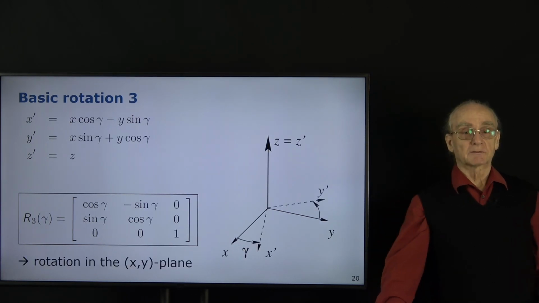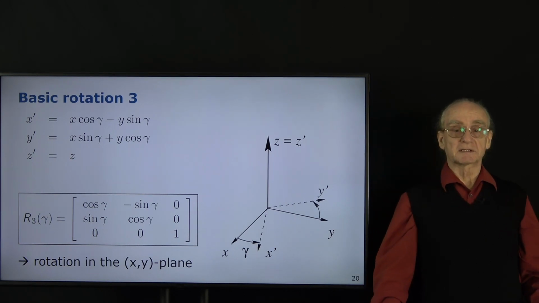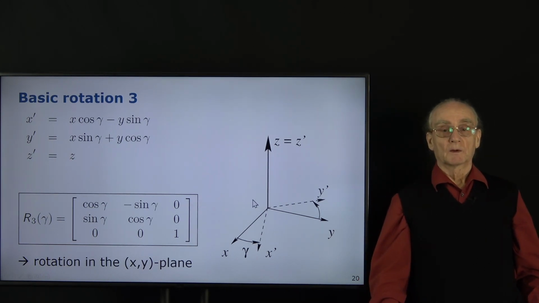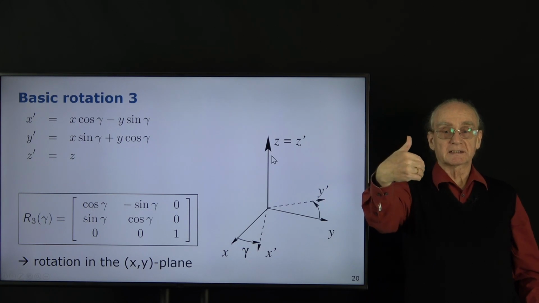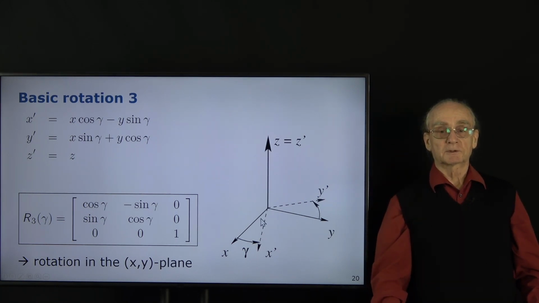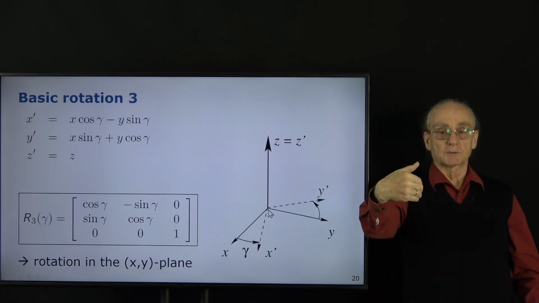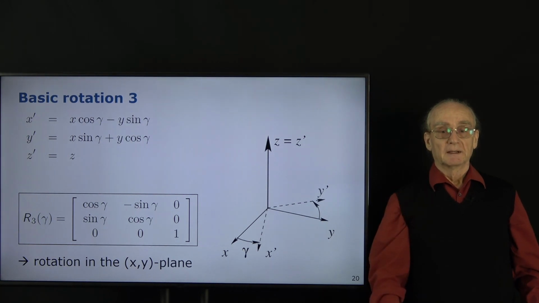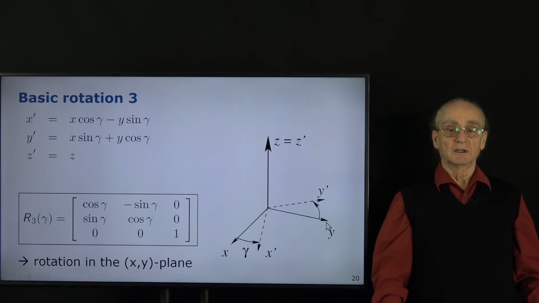Last case, basic rotation 3 around the z-axis. So we have a rotation around the z-axis, which means the object rotates this way, like my hand at the moment. So a point moves from here to here, and from here to here. You see, this is exactly what we did in 2D in the xy plane.